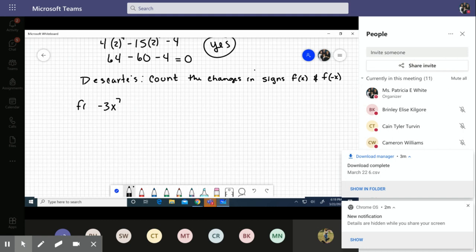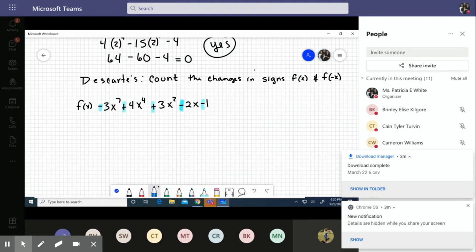3x to the 7th plus 4x to the 4th. Okay, and what I am focused in on is these signs in front of each term, and throughout the terms, how many changes happen. Now this one is positive x, so I am right now looking for my positive zeros.